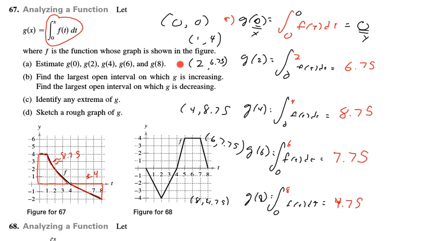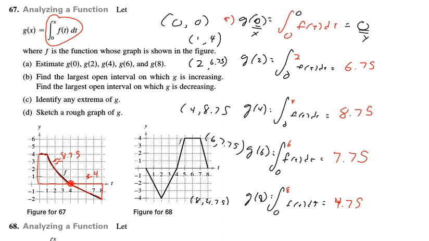I looked at 2. If we look at just 1, it's just 1, 2, 3, 4. The accumulated area from 0 to 1 is this area here, which is just 4 squares. So we have 1 comma 4. So we're growing our graph. We get to 4. This is the maximum value our graph is going to reach. We have accumulated all of the positive area of the graph. This is where our graph of g is going to be a maximum.